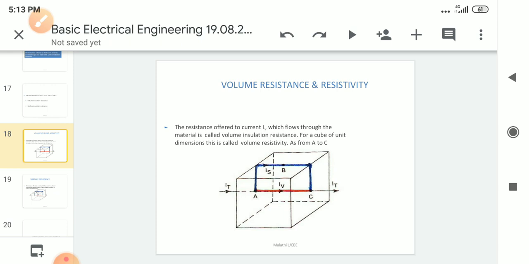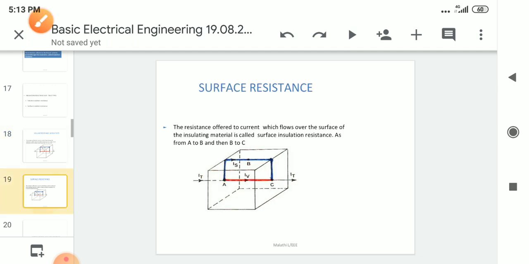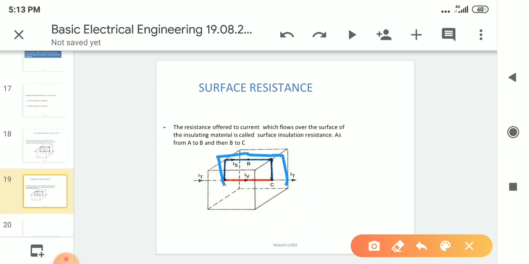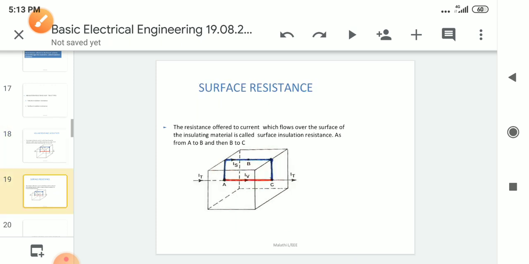Volume resistance is from A to C. Here this is from A to C. It is observed, right? Here surface resistance is from A to B, A to B, B to C, like that. This is the difference between volume resistance and surface insulation resistance.